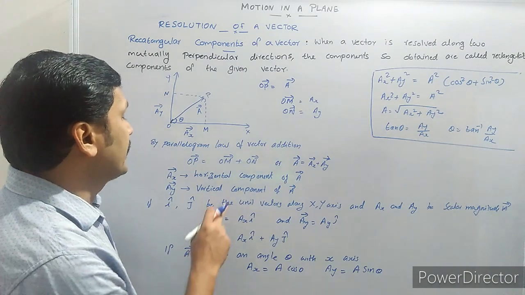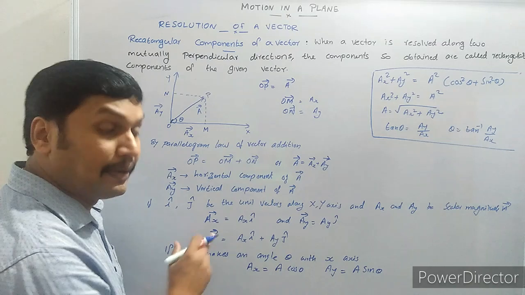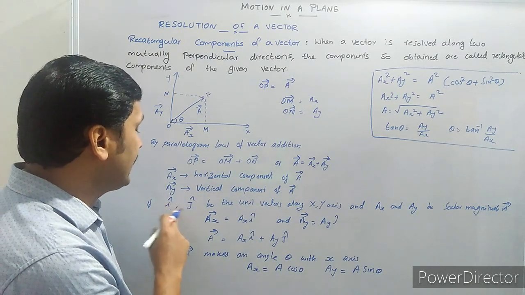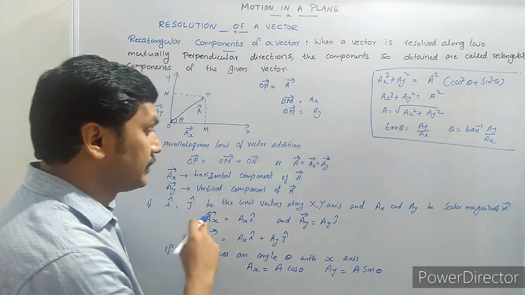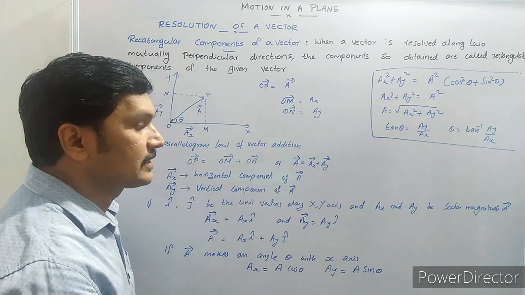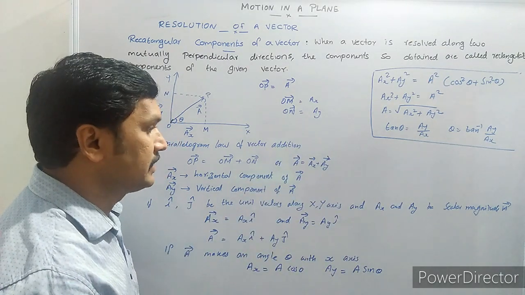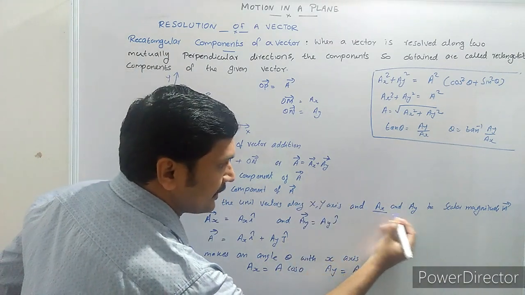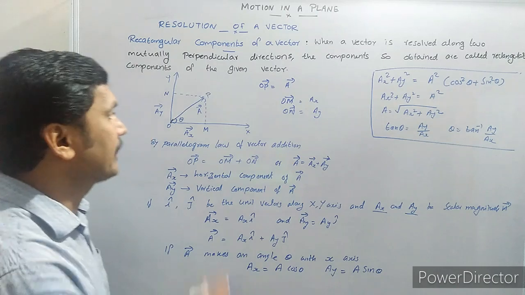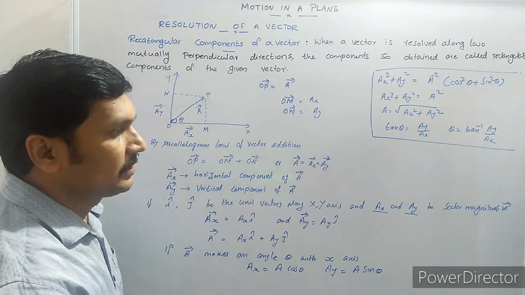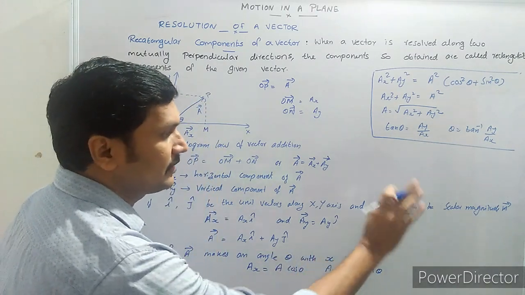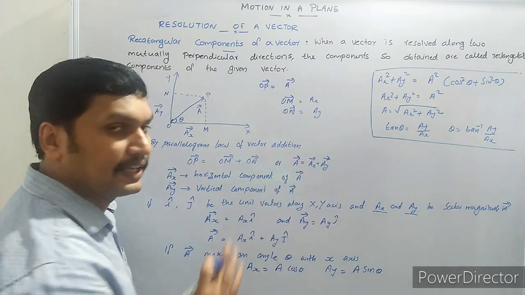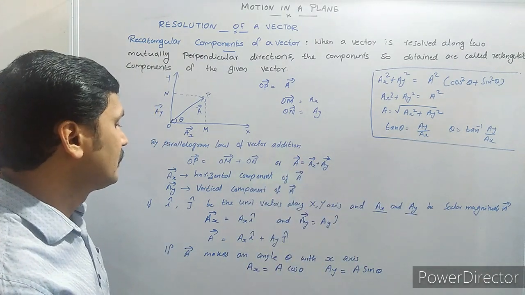Now see, how can you write the magnitude of the horizontal component? For that, let i and j be the unit vectors along the x and y axes respectively, and let Ax and Ay be the scalar magnitudes of vectors Ax and Ay respectively.